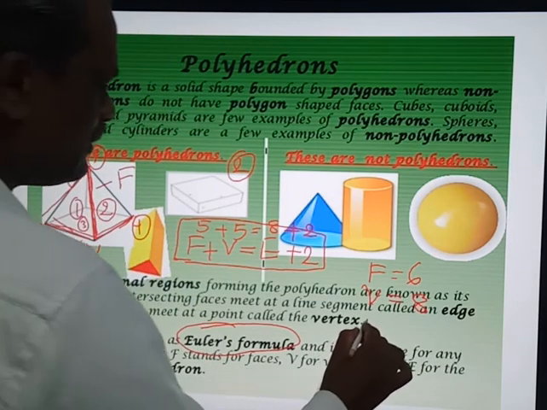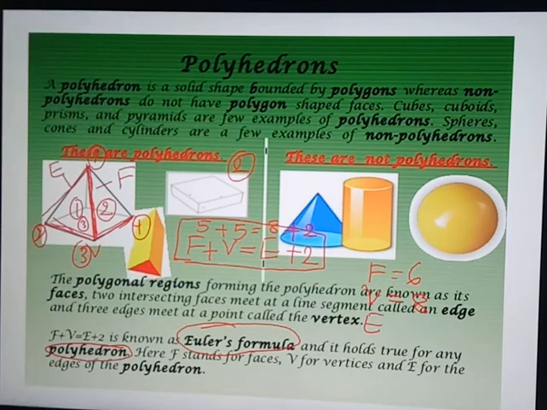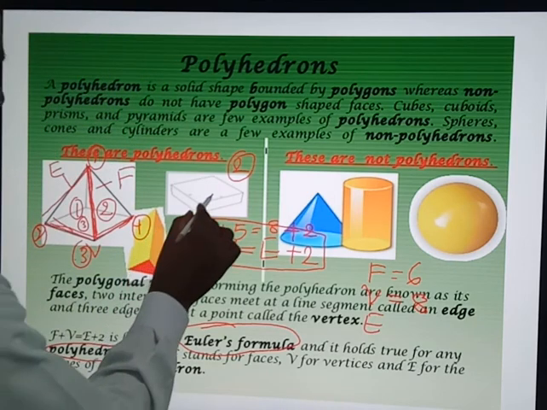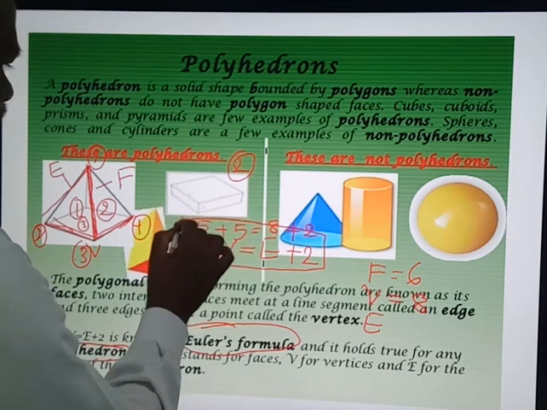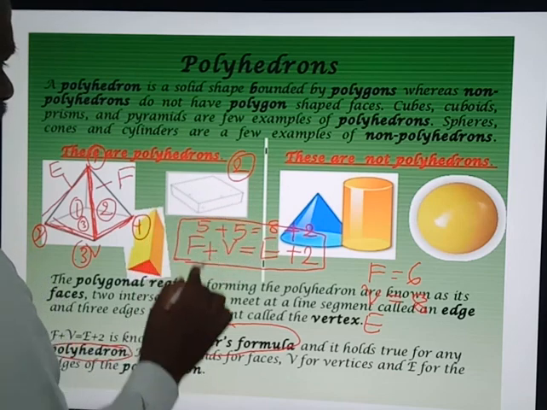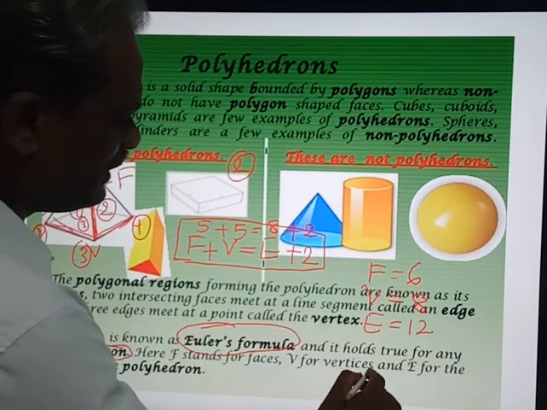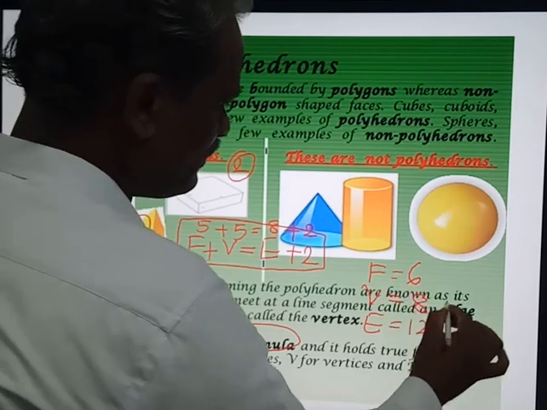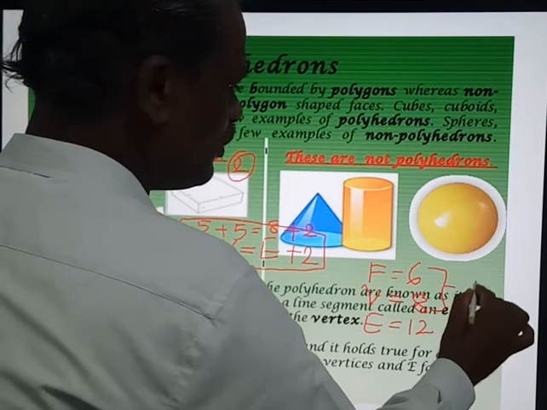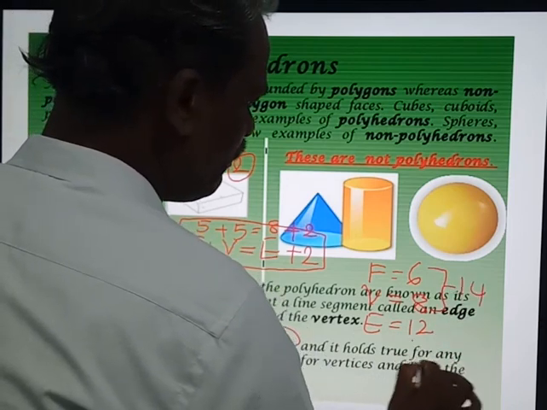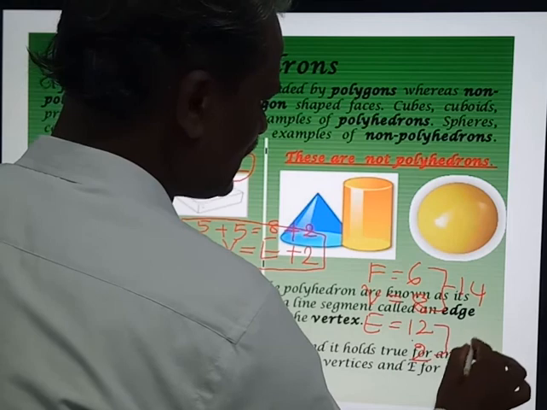Count the edges. Top 4, side wise 4 and bottom 4. So there are 12. So now verify 6 plus 8. What is the answer? 14. 12 plus 2 is also 14.